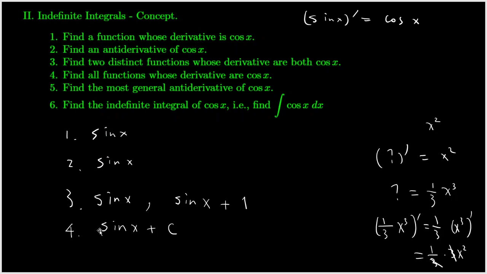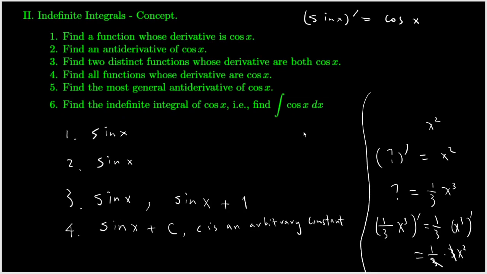As a matter of fact, c can be any constant. To answer question 4, you'd better write that c is an arbitrary constant. That's how we answer question 4.